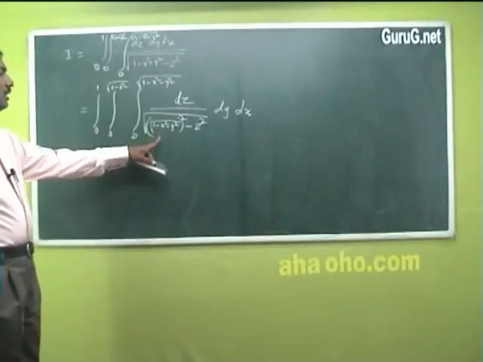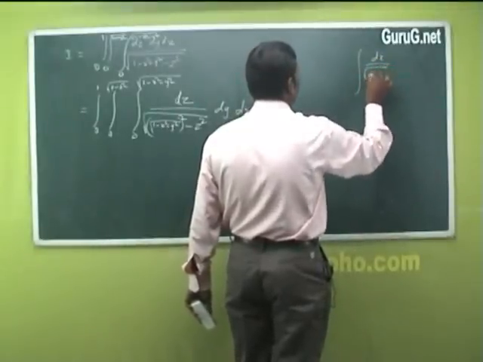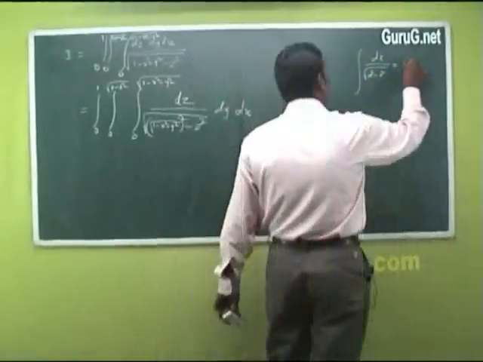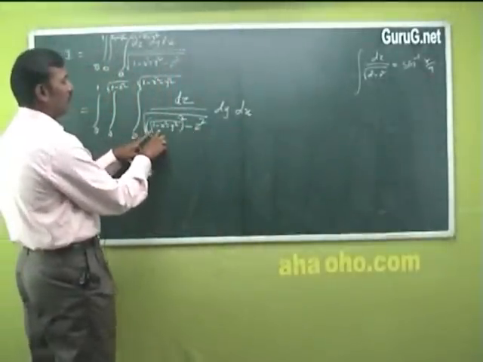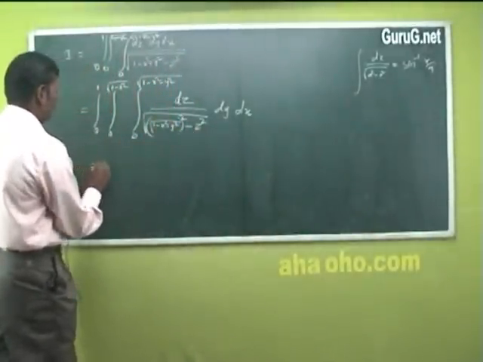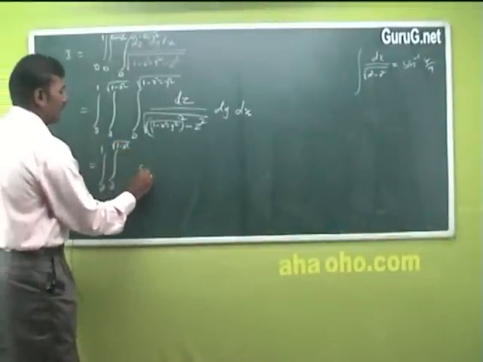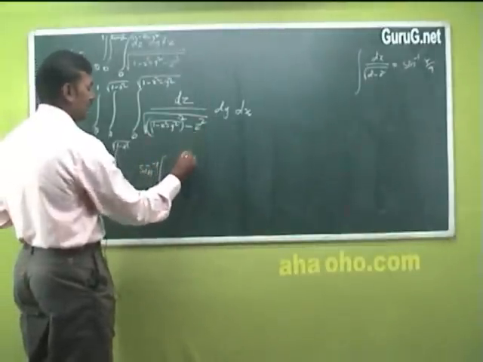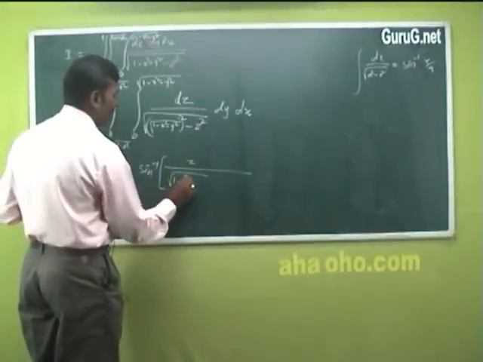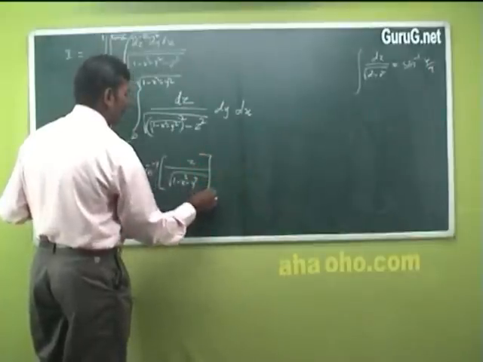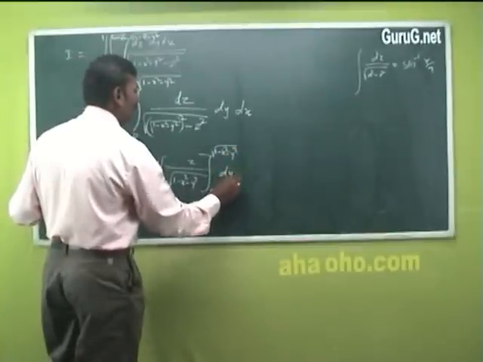Which formula is this? Integral dx by root of a square minus x square. What is the formula for this? Sin inverse of x by a. Here, in the place of a, we have root of 1 minus x square minus y square. So integral 0 to 1, 0 to root of 1 minus x square, sin inverse of z by the constant, that is root of 1 minus x squared minus y squared, from 0 to root of 1 minus x squared minus y squared, into dy dx.